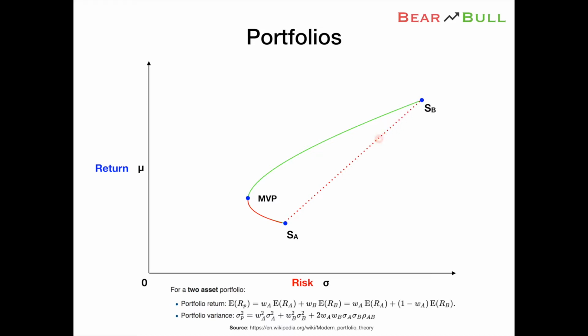But as this perfect positive correlation decreases, the portfolios would fall on a hyperbola curve pointing to the left. And as the correlation decreases, it approaches the y-axis of the graph here. And this would be a point for two assets that have a correlation of -1.